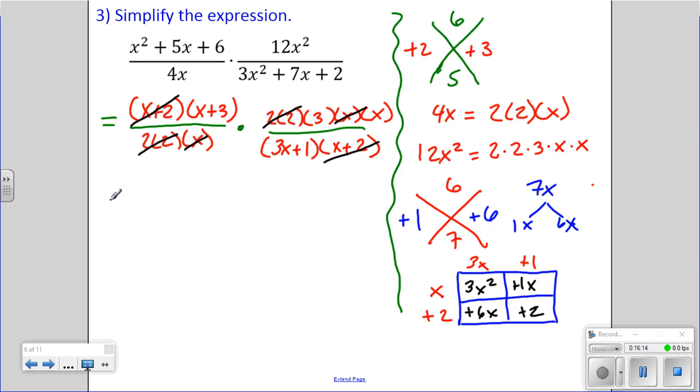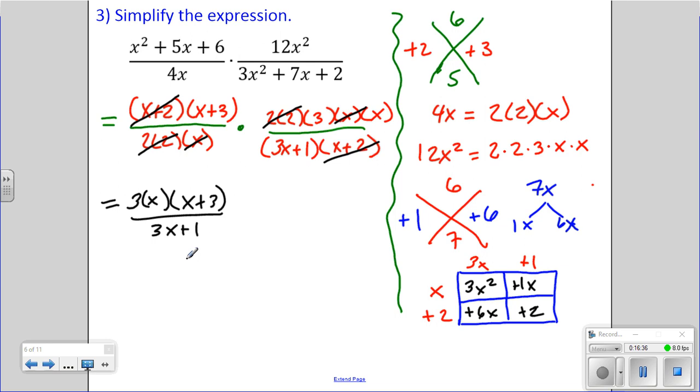So now multiply what remaining factors we have. So at the top, I have x plus 3 with 3 and x. So 3 times x plus 3. At the bottom, I only have 3x plus 1.